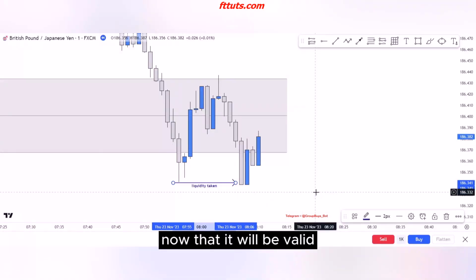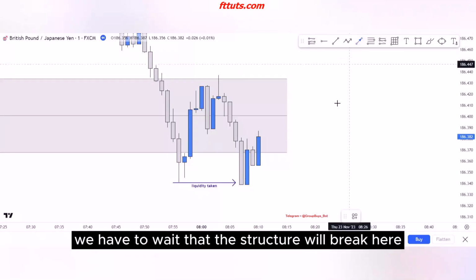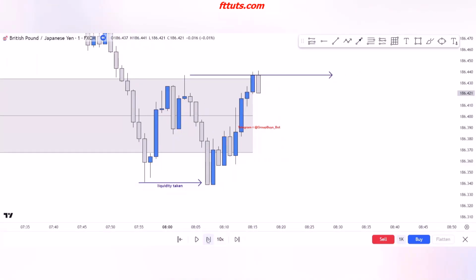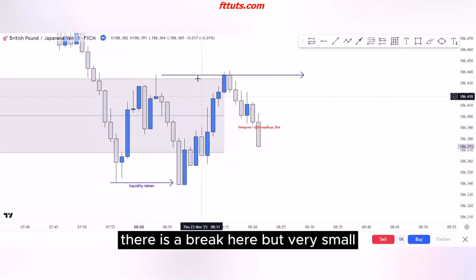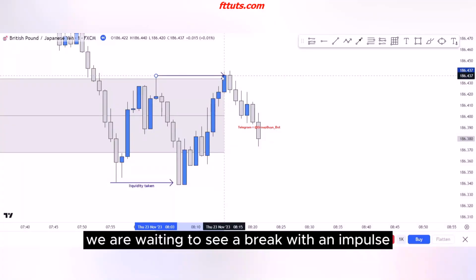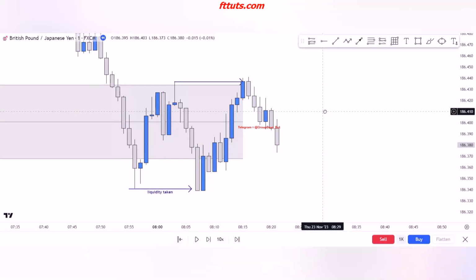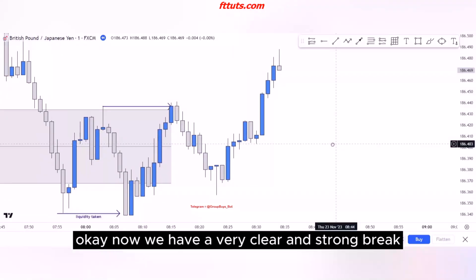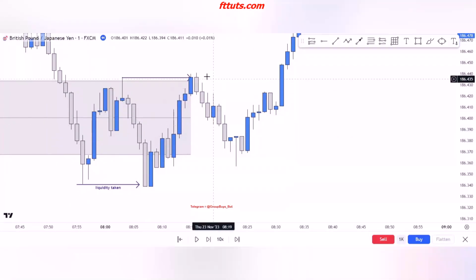Now that it will be valid, we have to wait for the structure to break here. There is a break here, but very small. We are waiting to see a break with an impulse. Okay, now we have a very clear and strong break.